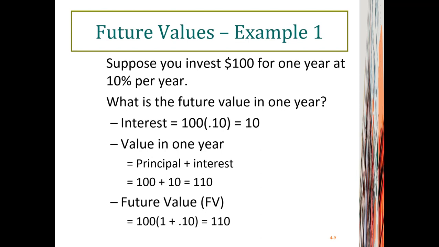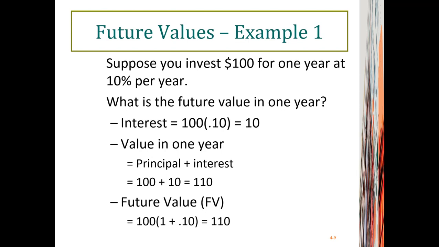That is $10. So the value of this $100 investment in 1 year equals the principal plus the interest that you will receive. Here principal is 100, interest is $10. So the value in 1 year equals $110.